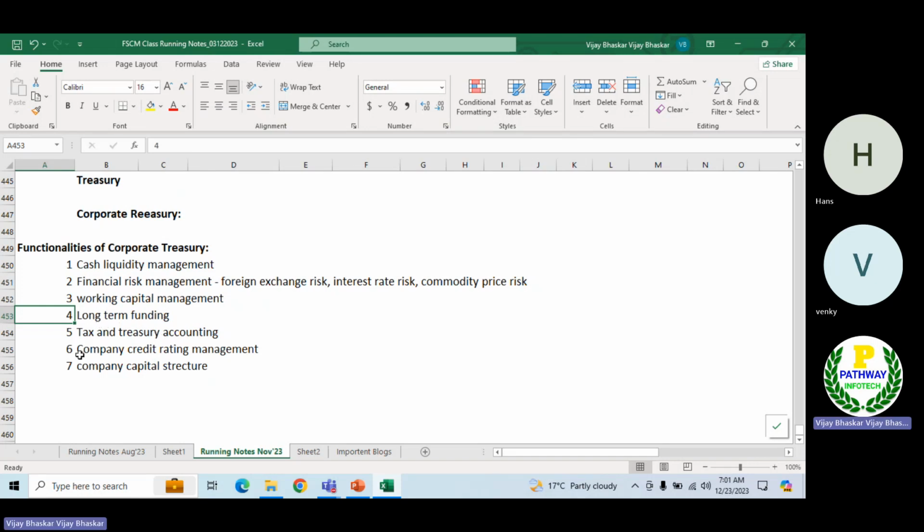Let's assume we are importing copper from outside of the country. At that point of time, there might be a customs duty involved, and some local taxes we have to pay. In such cases, there will be an impact on accounting. In that situation also, the treasury is going to support in order to post those business transactions.